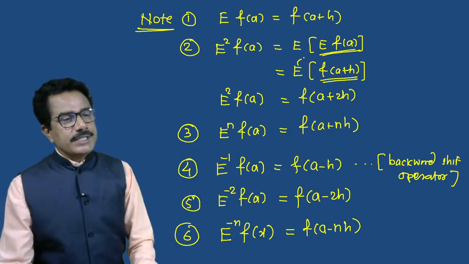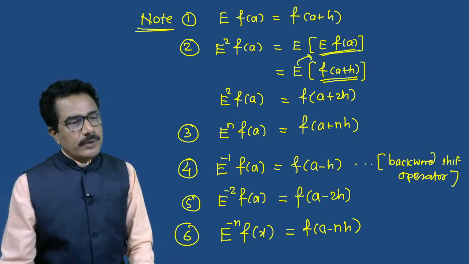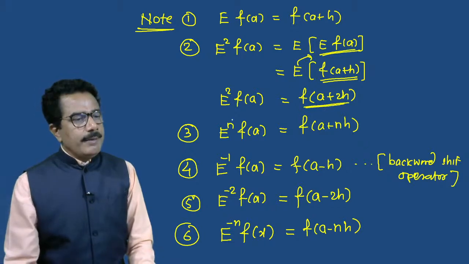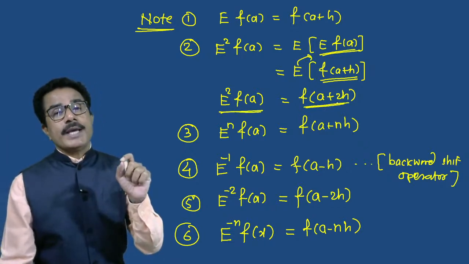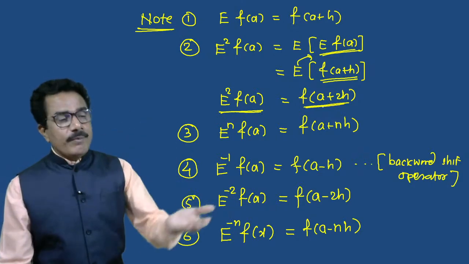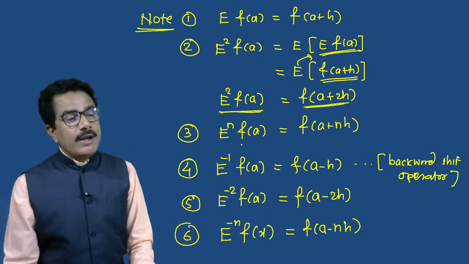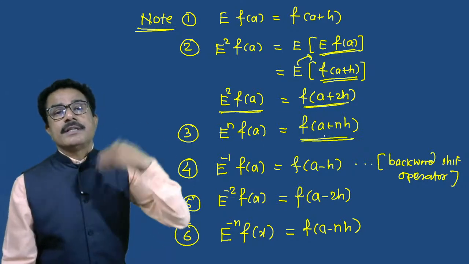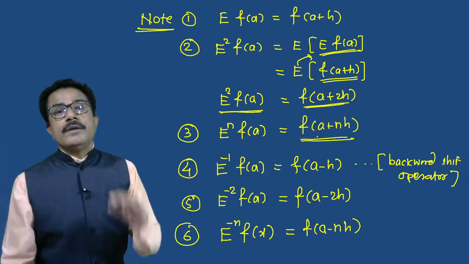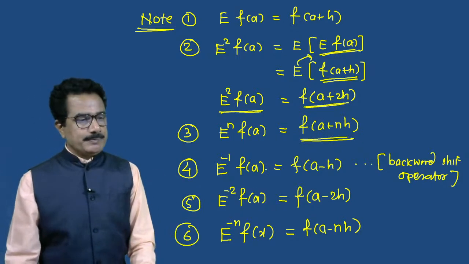Again we operate this shift operator E, then it goes to f of a plus 2h, which means E square f of a is equal to f of a plus 2h. In the same way, E raised to n f of a means f of a plus nh, the nth forward shift operator.